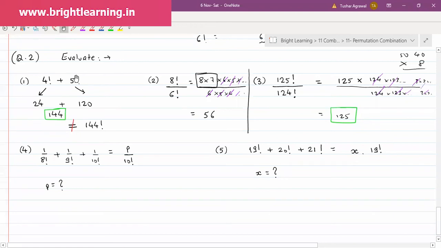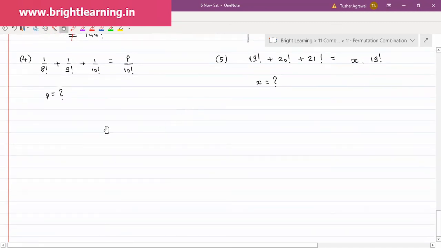So if it comes as large numbers, sir, like 56 factorial? Here I gave you small numbers purposefully so that you can calculate. If I want to give you very large numbers, let's say, like question number 5 I have already given you, 100 factorial plus 101 factorial.